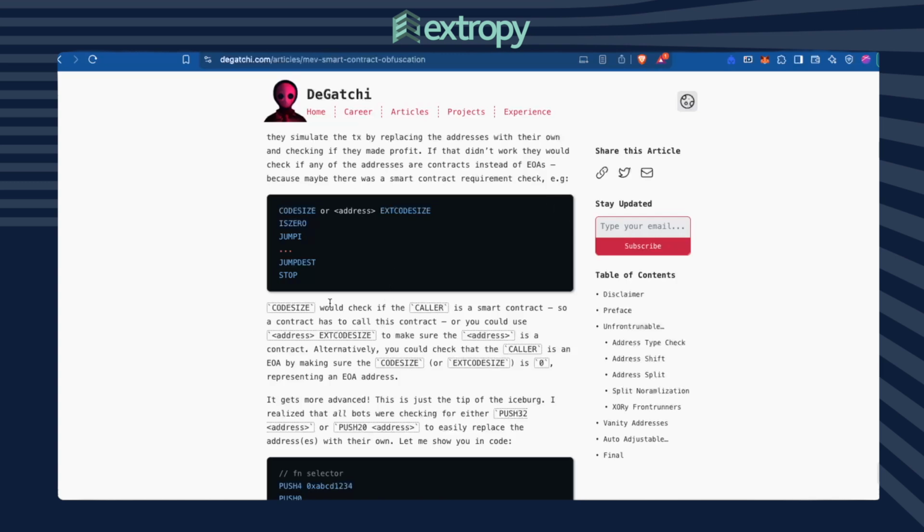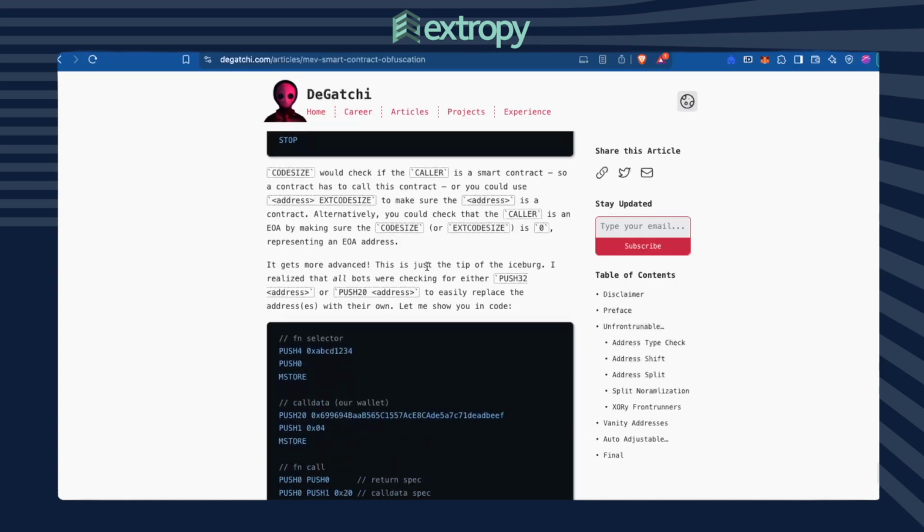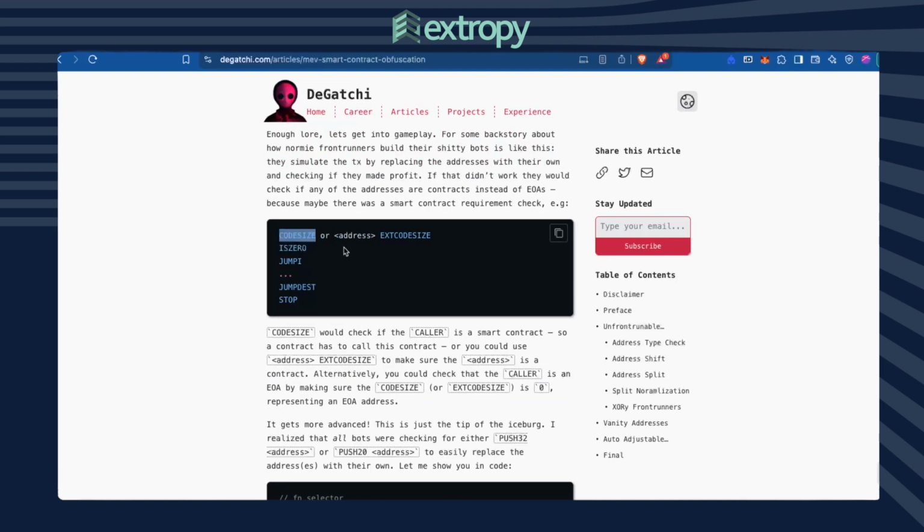They're trying to work out where they're going to replace the address within the bytecode for what you're doing. So they could just be looking for this within your bytecode. What this is doing here is saying, look at the size of the bytecode.